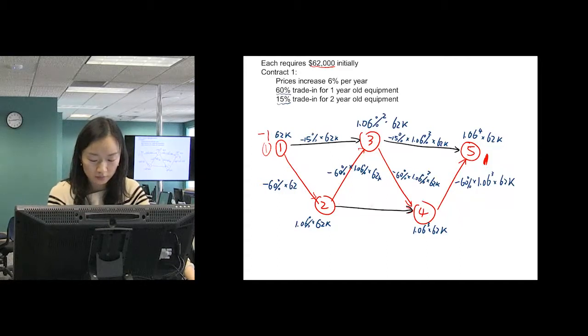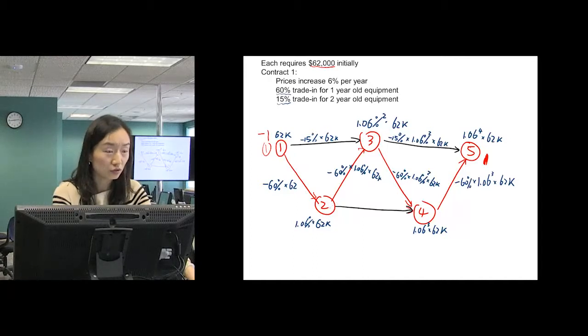If we look at this one, what does this arc represent? This arc represents that we're going to trade in the equipment that we purchased in year 2. Does that make sense? So always remember that for an arc, the from node represents the year that we purchased the equipment, and the to node represents the year that we're going to trade in this equipment.